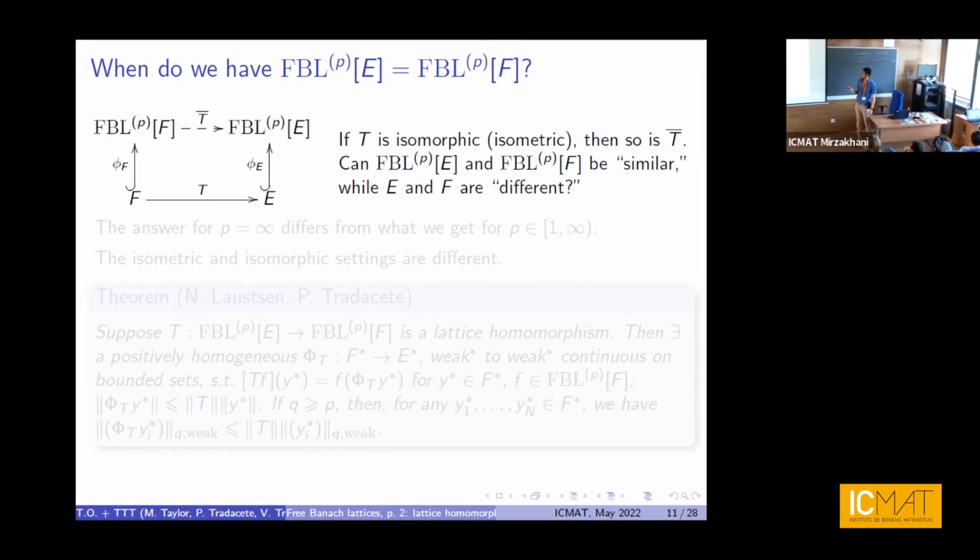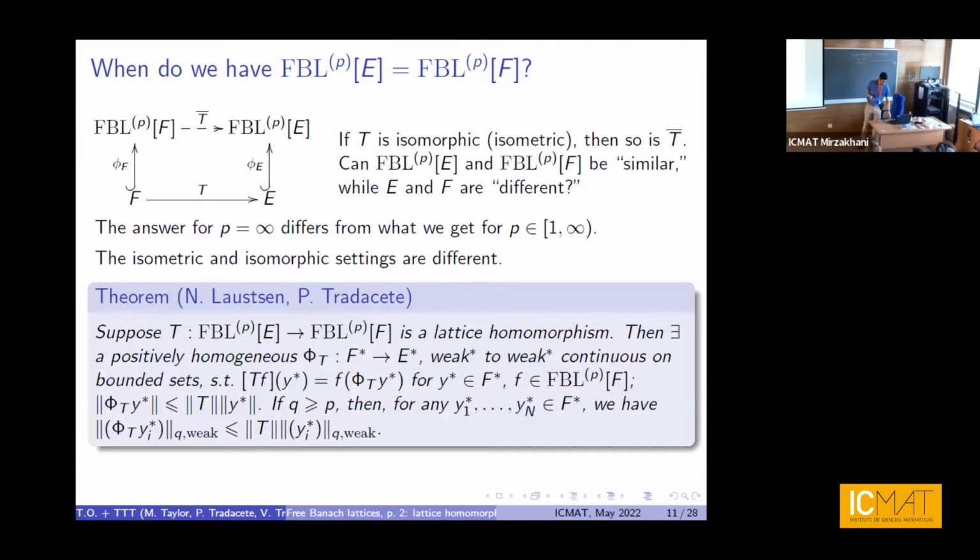So if E and F are the same essentially, then the corresponding free Banach lattices will be the same. And the interesting question is, can it happen that E and F are different, but the free Banach lattices are the same? And as I said, the case of p being equal to infinity will be different from the finite case.